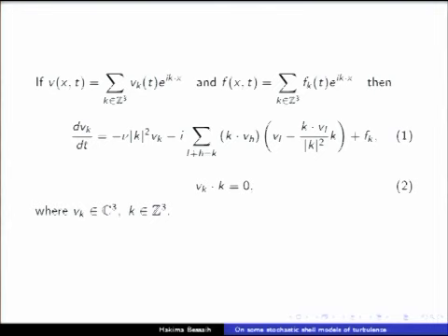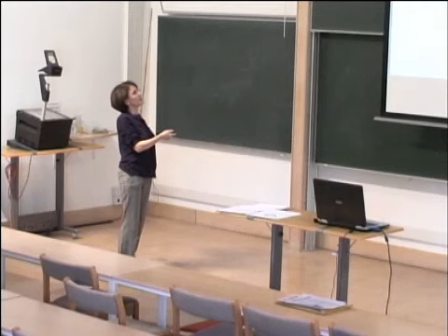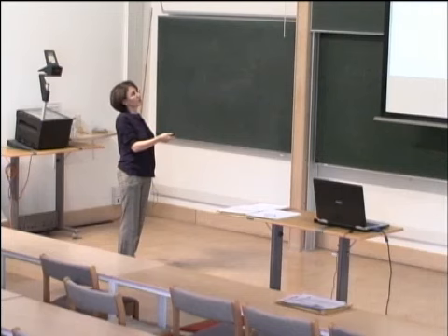You will end up with an infinite system of ODEs for the Fourier components, where V_k, with k in Z^3, takes values in C^3, so it has three components. It's very important. This term corresponds to the Laplacian, this corresponds to the nonlinear term, and this part is related to the pressure term.